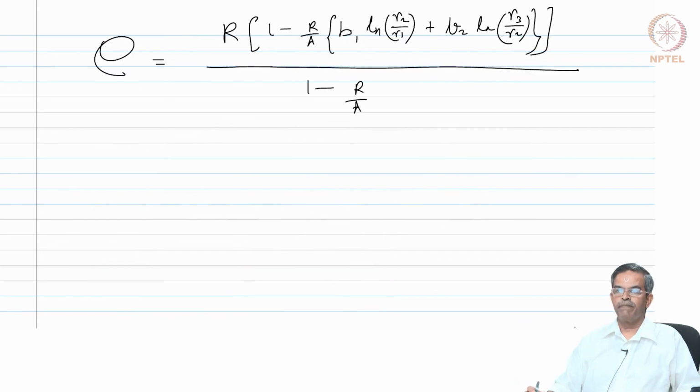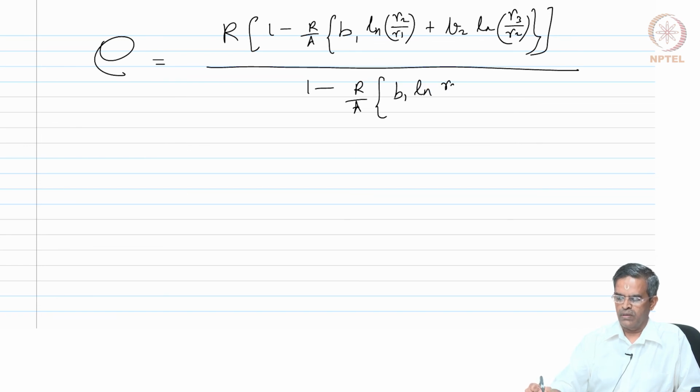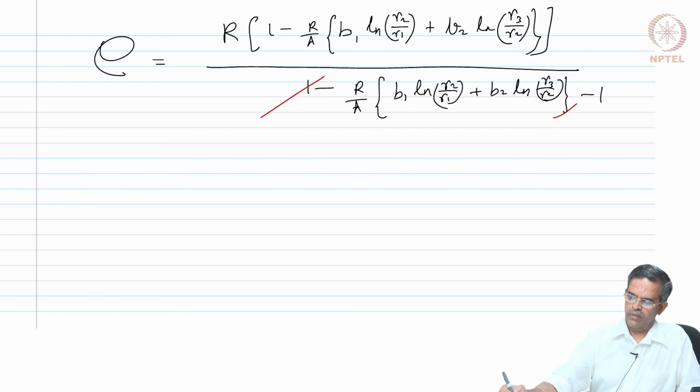So, M is there, 1 minus R by A of B1 ln R2 by R1 plus B2 ln R3 by R2, minus 1, this goes away.